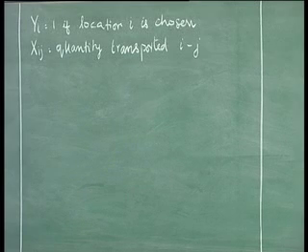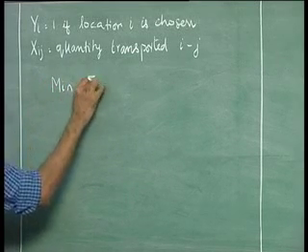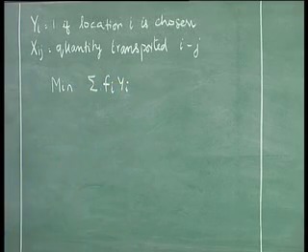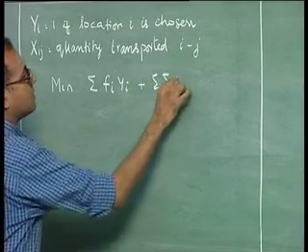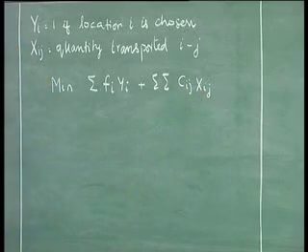So, your objective function for this problem will be to minimize sigma Fi yi plus sigma Cij xij.